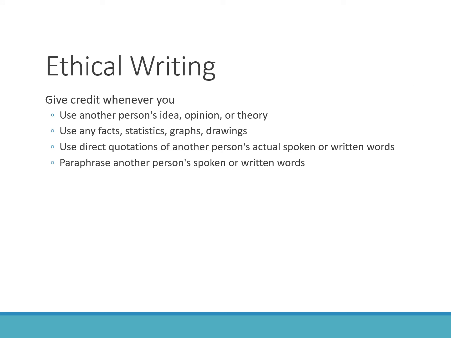You also want to give credit whenever you use facts, statistics, graphs, or drawings, anything that's not common knowledge. When you use direct quotations from another person's spoken or written words. And also when you paraphrase another person's spoken or written words, you still need to cite them. When you're in doubt, it's better to include a citation than to leave it out, and it's easier to remove unnecessary ones than go back and try to figure out where you got that information.